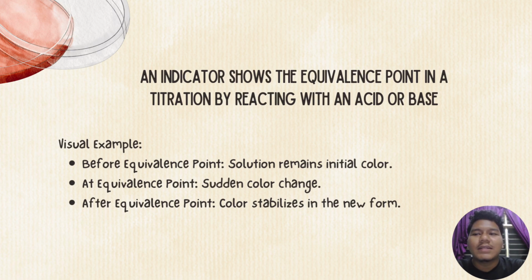It is because this is the point in a titration at which the amount of titrant added is exactly enough to completely react with the analyte in the solution. At this point, the solution's pH changes significantly. Last, after the equivalence point, the color stabilizes in the new form. After the equivalence point, additional titrant changes the pH significantly, often beyond the range where the indicator changes colors.